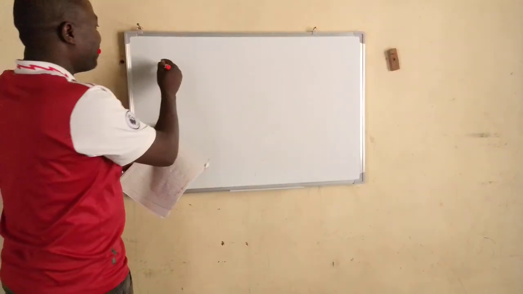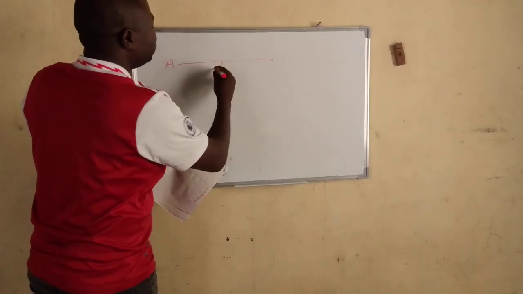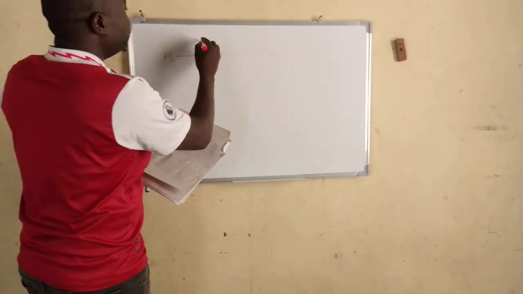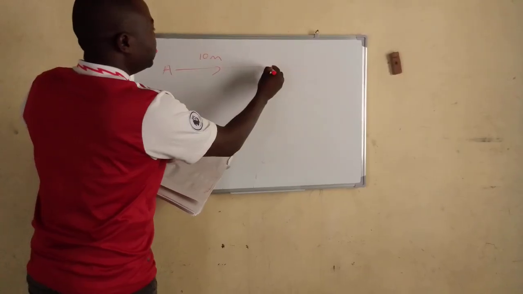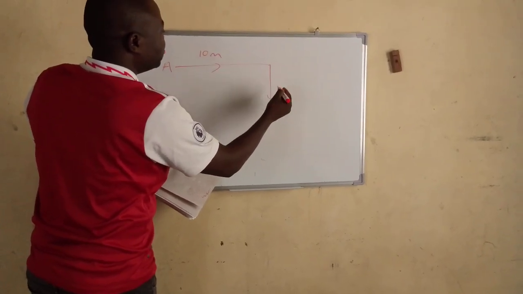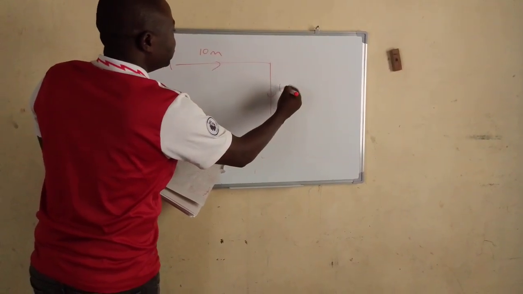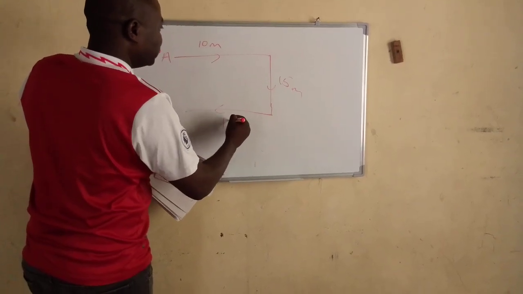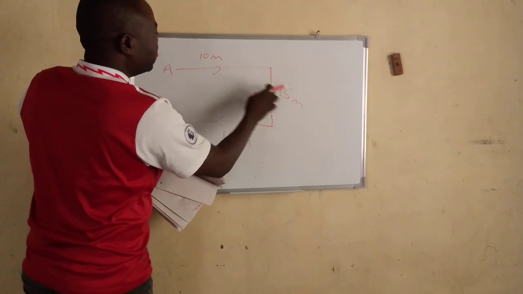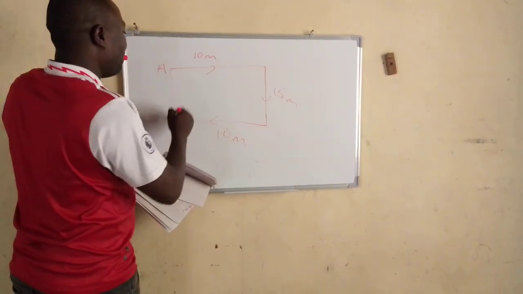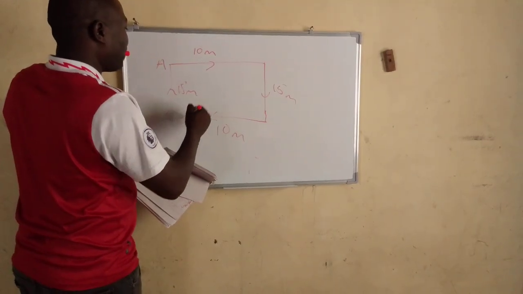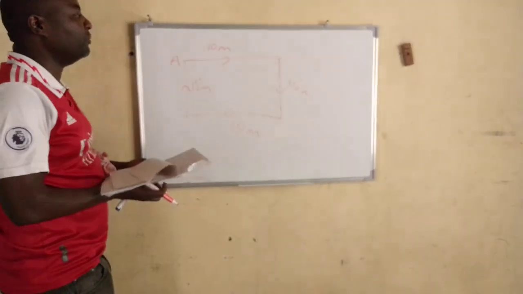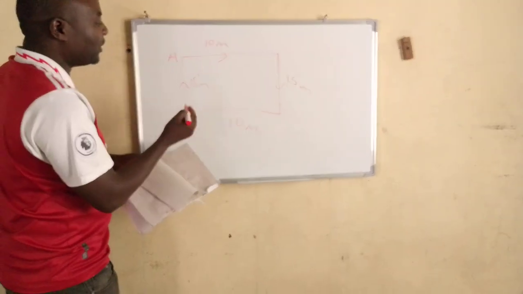For instance, the starting point could be A, and then it could have traveled maybe 10 meters, then another 15 meters, then another 10 meters. Okay, so 10, 15, 25, 25, then another 15 meters. So this is the total distance of 50 meters, but the displacement is 0.